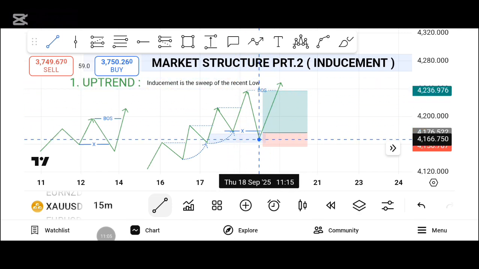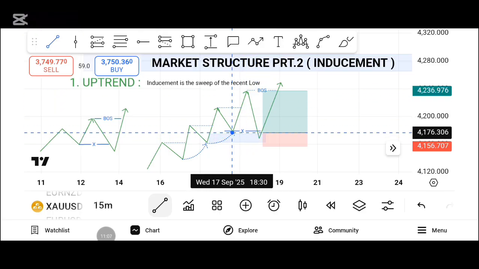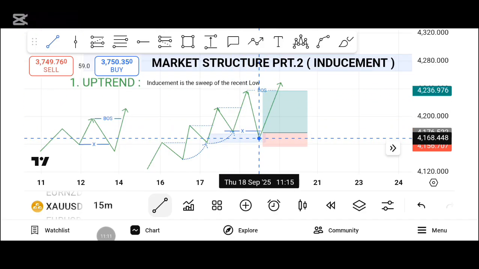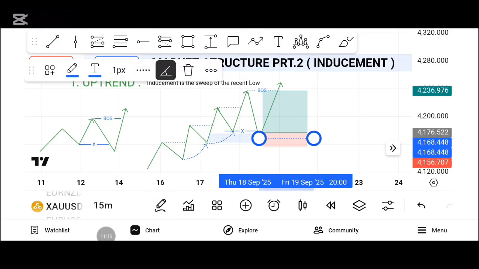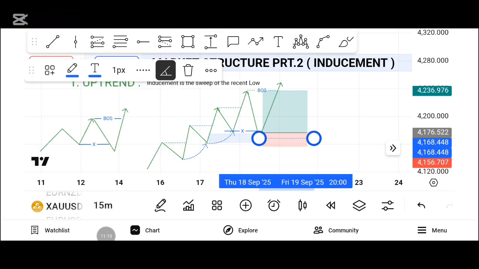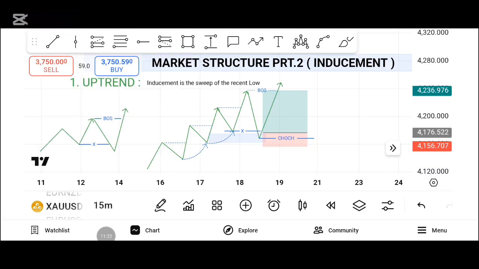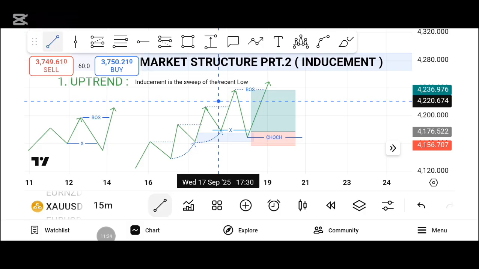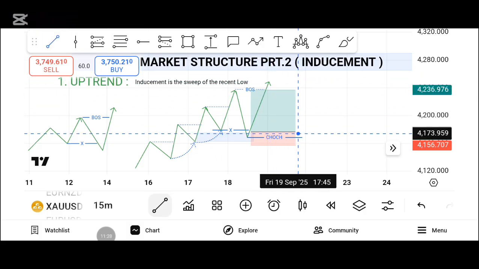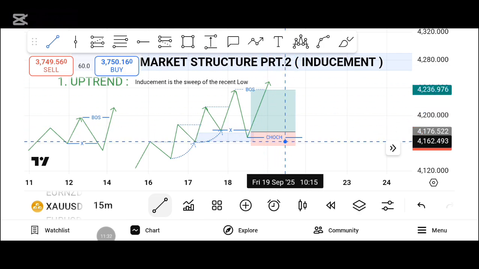This low here that came to take out this other low is now our major low, and it is called CHoCH. I told you about CHoCH yesterday, which means change of character. Whatever price does from this region to this region, price is still in a bullish trend.